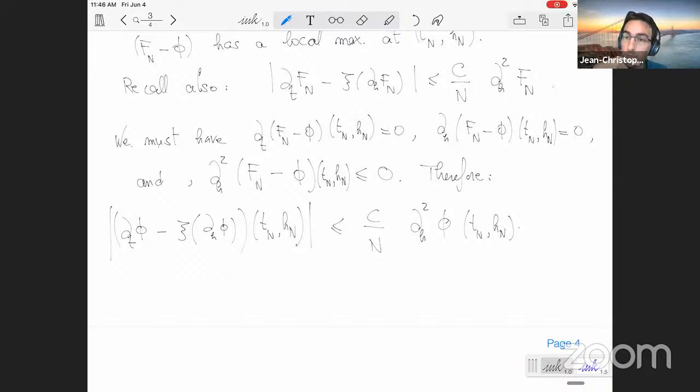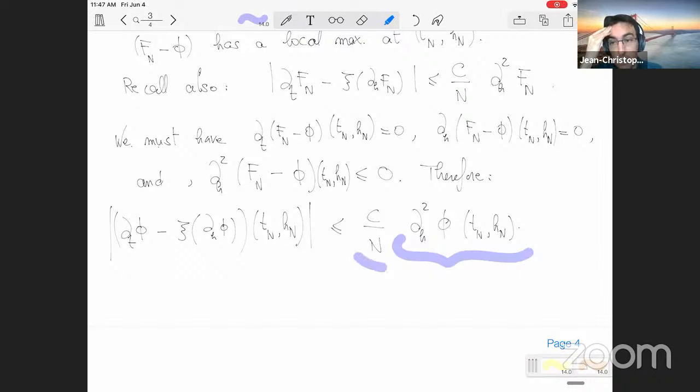Phi is smooth, so I can pass to the limit. All of these derivatives now are smooth. In particular, this guy will remain bounded when n goes to infinity.